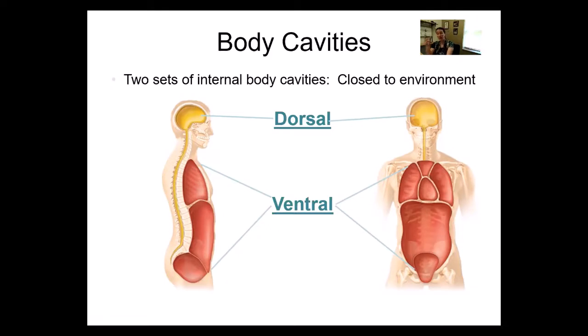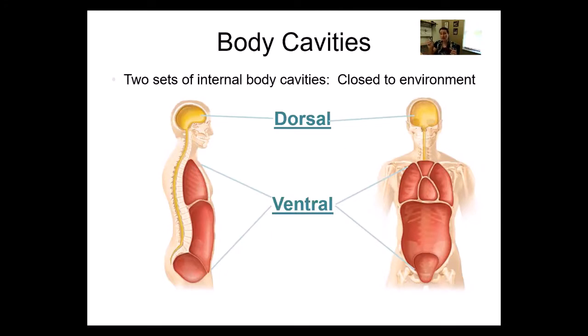Okay. Our skin, of course, separates our internal conditions from the outside world, but even within our body, we have different confined spaces, these cavities that are filled with fluid that are completely isolated from other parts of our body.